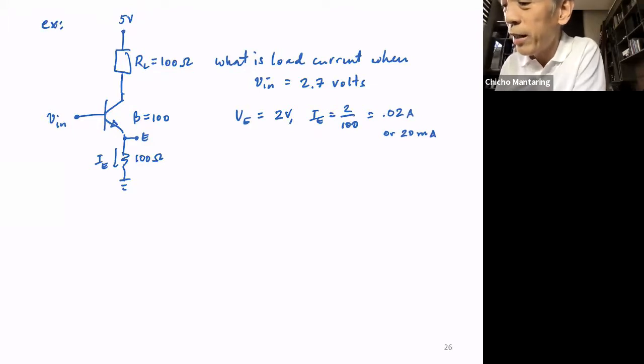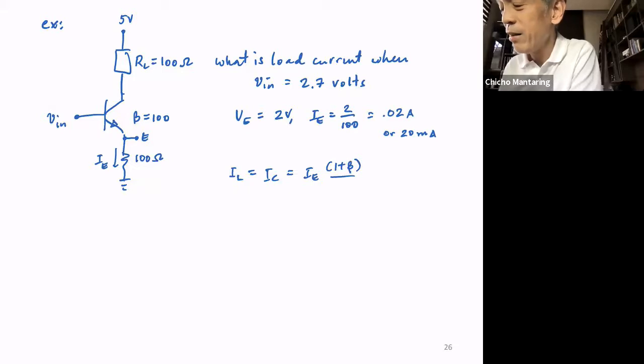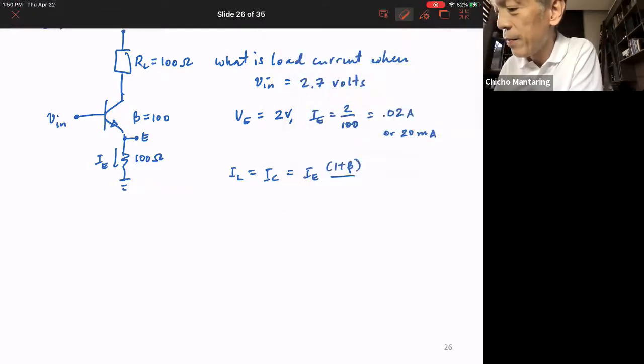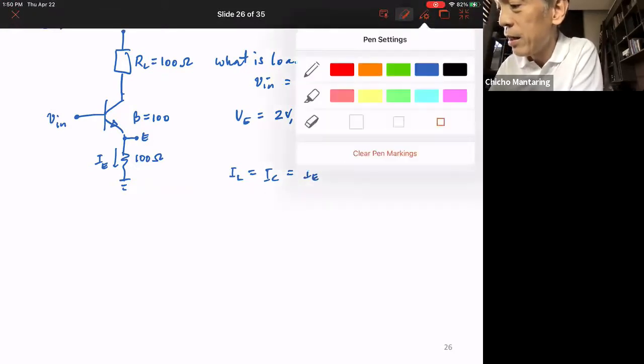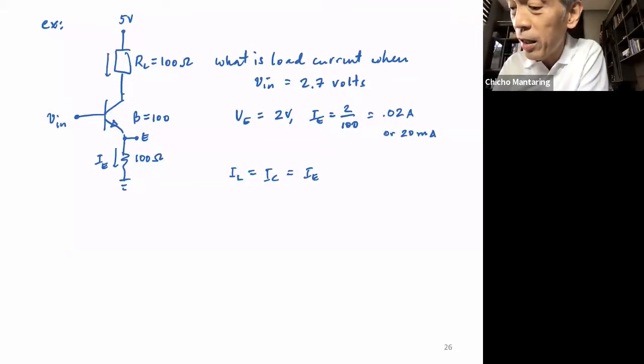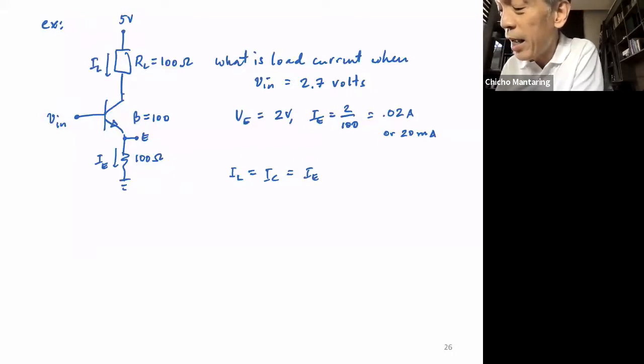Okay, what will be the load current? IL is equal to IC, which is equal to IE times, baliktad, no? Beta over 1 plus beta, sorry. Okay, IL, your load current, is equal to IC, which is equal to IE times beta over 1 plus beta.